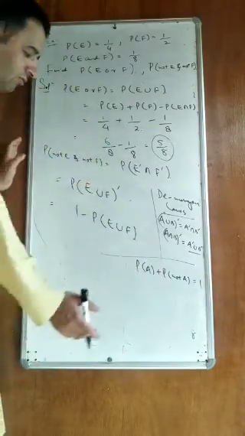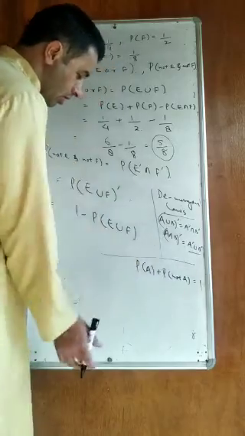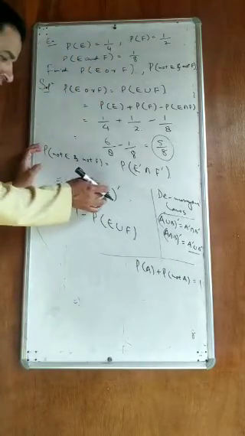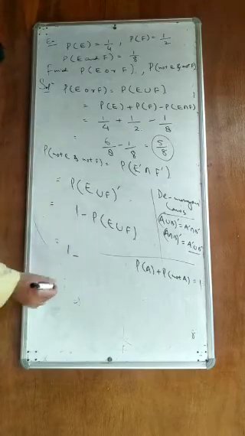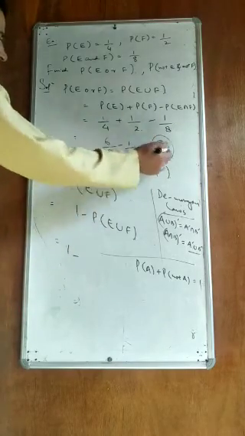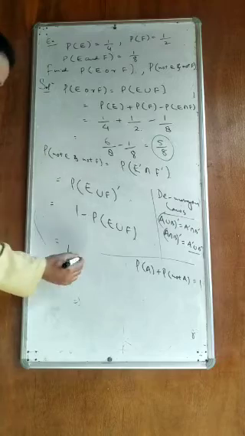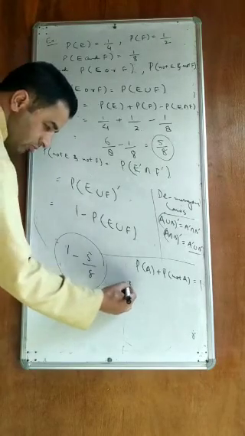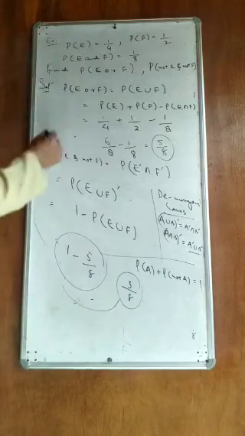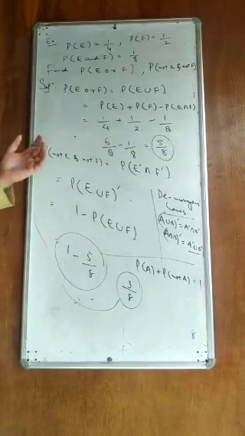With this relation you can find probability of A and probability of not A. E union F we have already found, that is 5 by 8, so 1 minus 5 by 8, which is 8 minus 5, so 3 by 8 is the answer.